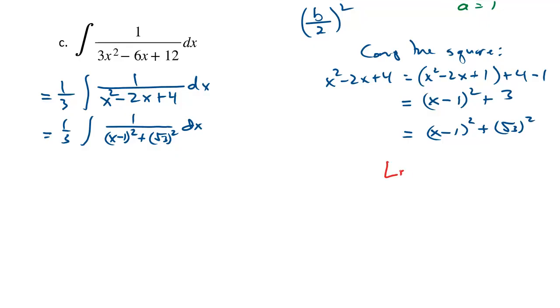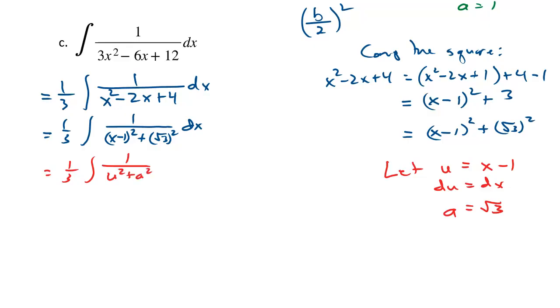So we can let u be x minus 1. du is dx, so nothing to worry about there, no extra multipliers or constants. And then a will be root 3. All right, so we got 1/3 integral of 1 over u squared plus a squared du.